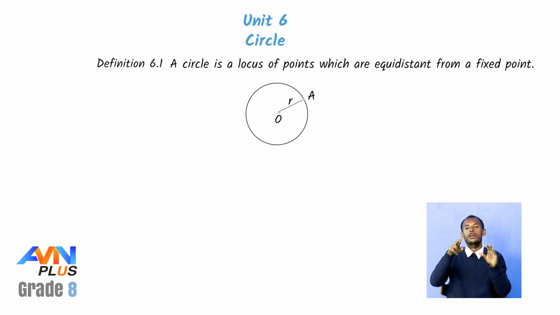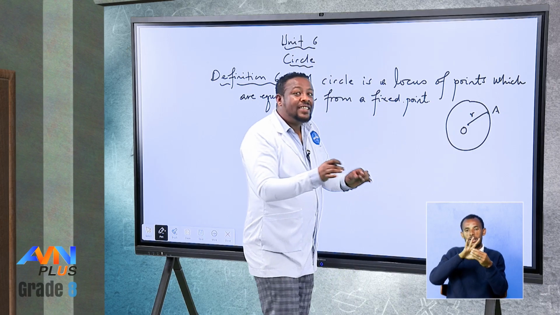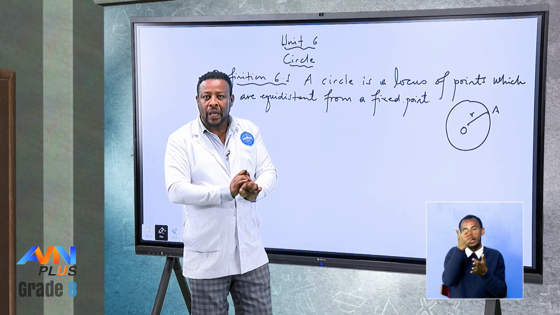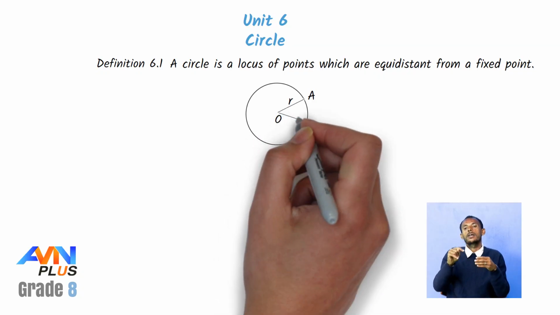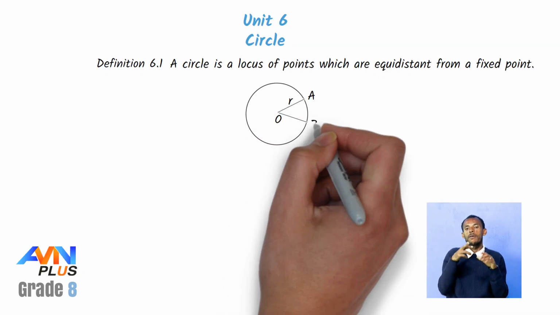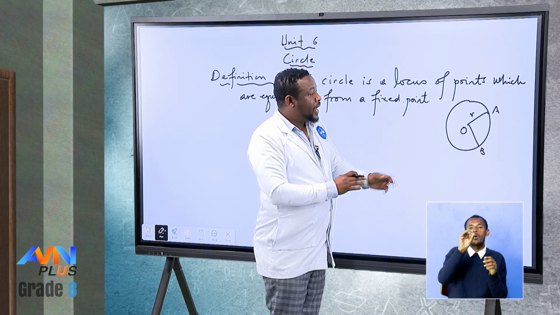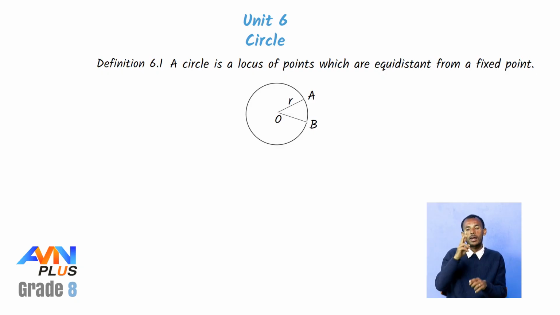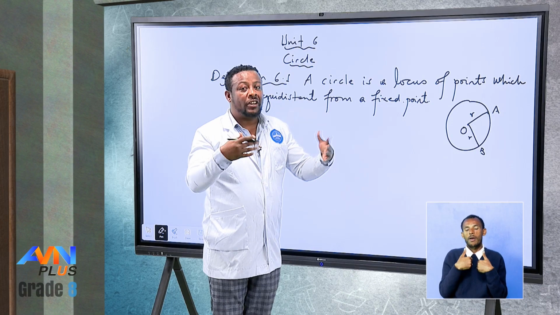The radius of a circle is a line segment joining the center and any point on the circle. If you draw O to B and O to A, the lengths are the same. This is the radius, and you can have infinitely many radii.